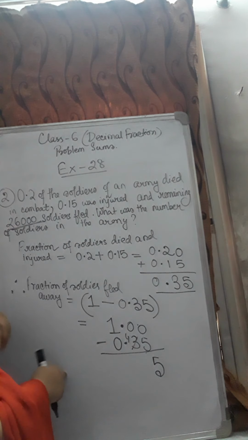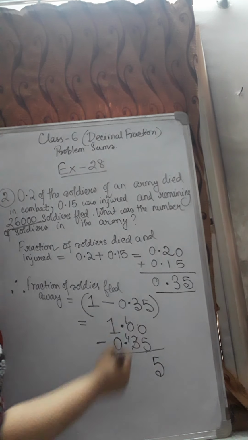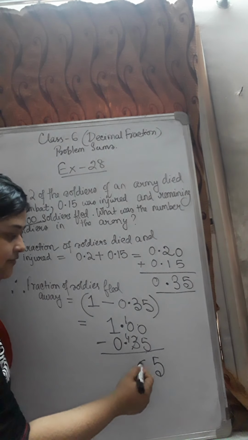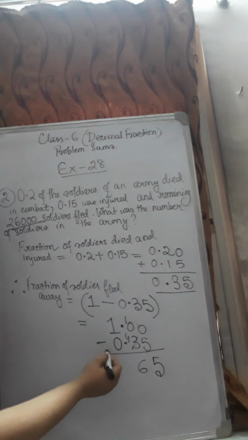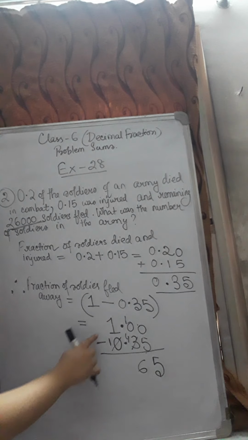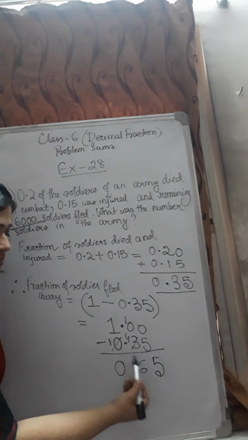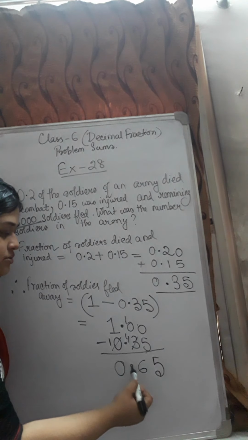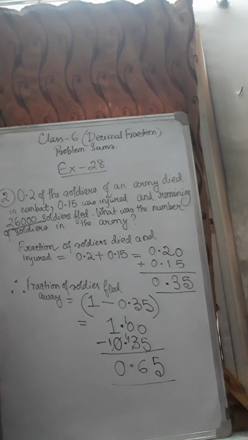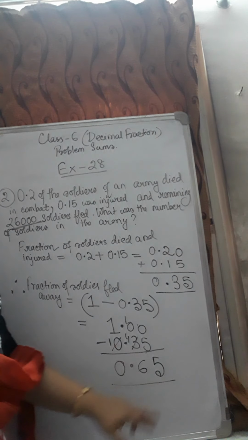Now 0 minus 4 is not possible, so again from here we take 1. So 10 minus 4 gives you 6. Now you return that 1. So 0 plus 1 means 1. Now 1 minus 1 gives you 0. And before 2 digits there is the point, so in the answer also there will be a point before 2 digits. That means the fraction of soldiers who have gone away is 0.65.